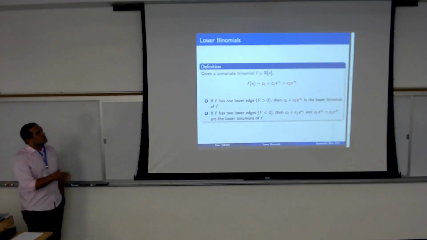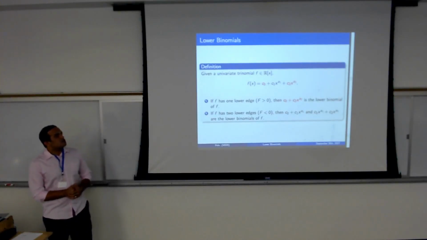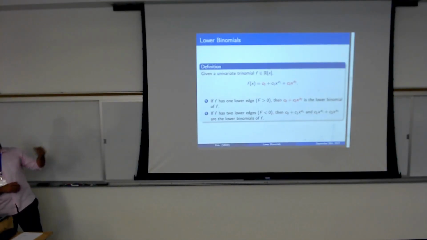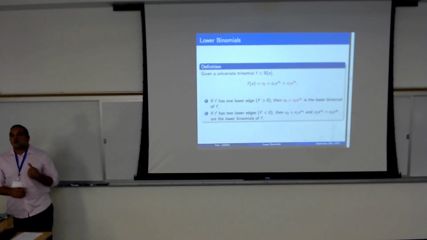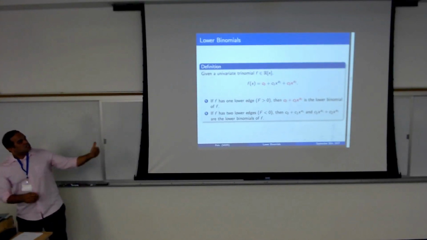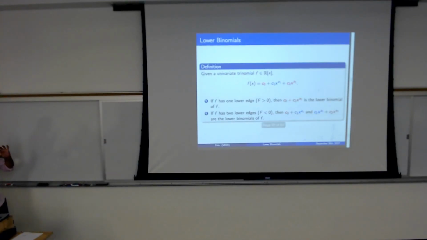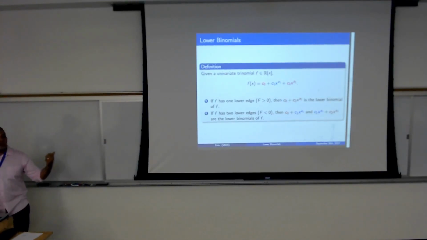Well, just to wrap up everything, remember that once we have a univariate trinomial f, then we have two possible cases. If f is greater than 0, then we are going to have one lower binomial, which is the one defined by the extreme monomials, and the other possible case is when we have two lower binomials and are precisely the one defined by the first two monomials or the second two monomials.